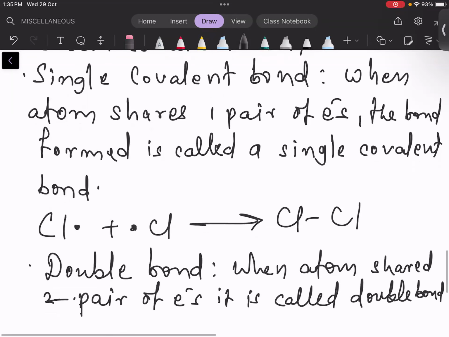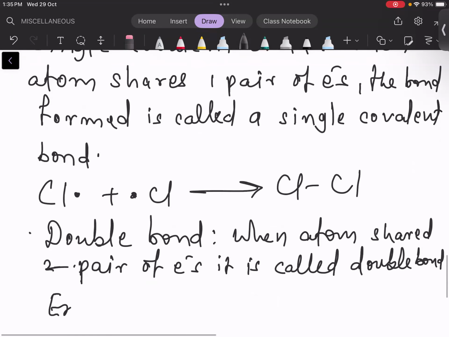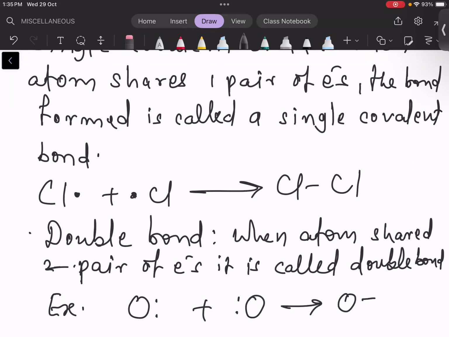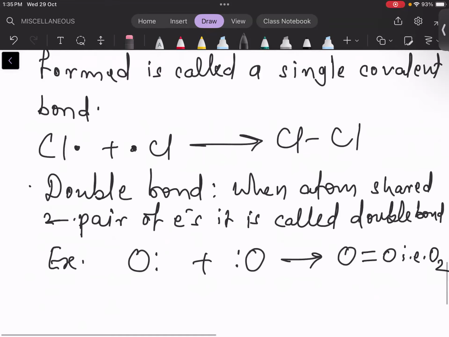For example, oxygen: one oxygen has two electrons and combines with another oxygen having two electrons, and we get a double bond between the oxygens. That is the O2 molecule, right?